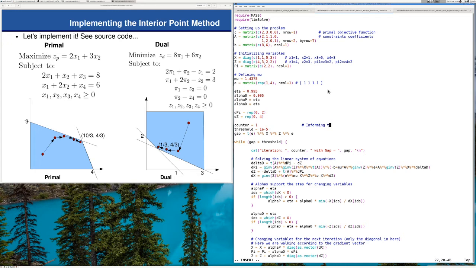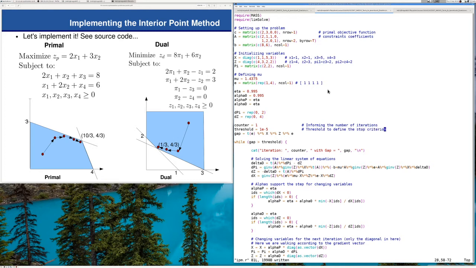Informing the number of iterations, okay? Quite easy. This is a threshold to define the stop criterion.